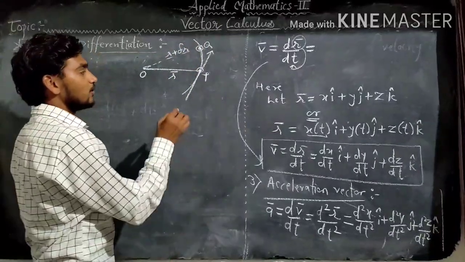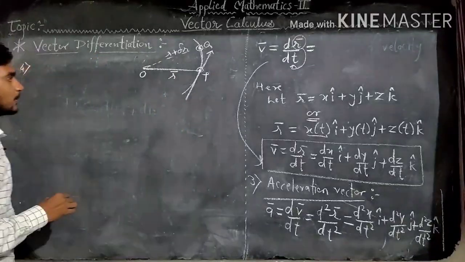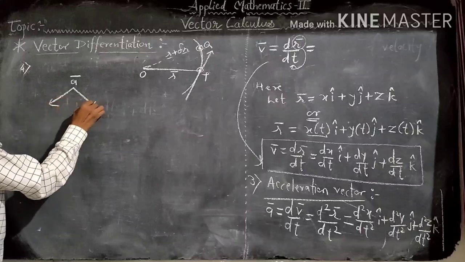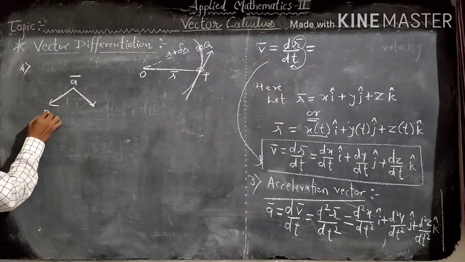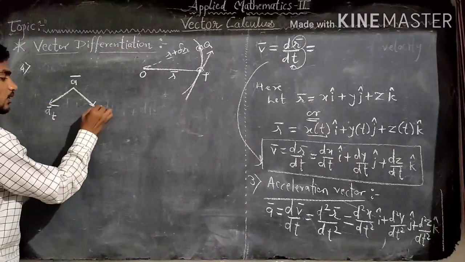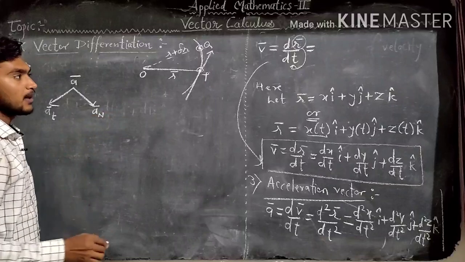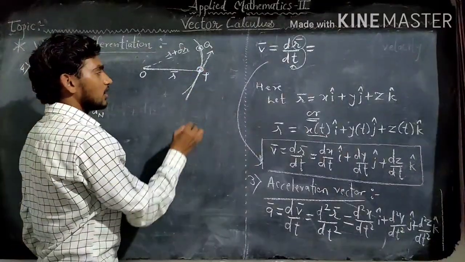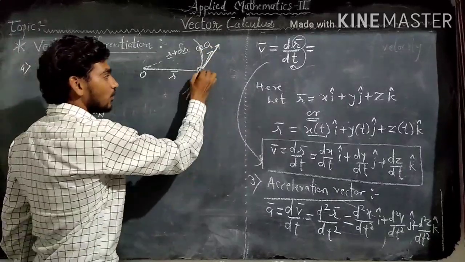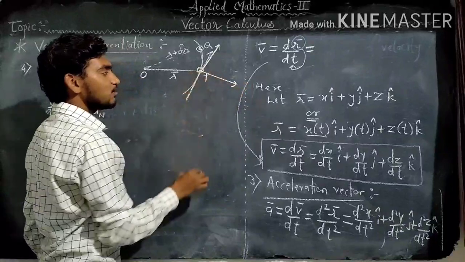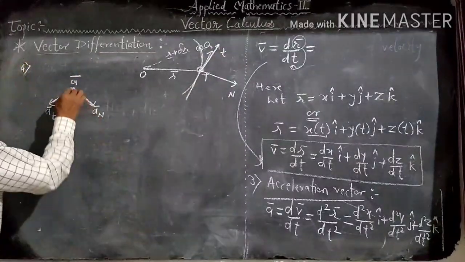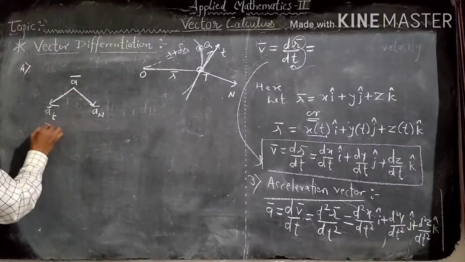So in this case, we can find acceleration vector, but acceleration vector has two important components, that is one along the tangent, say at, and one along the normal, say an. At point P, the particle has two components, one along the tangent and one along the normal at this point. So acceleration vector has two components.